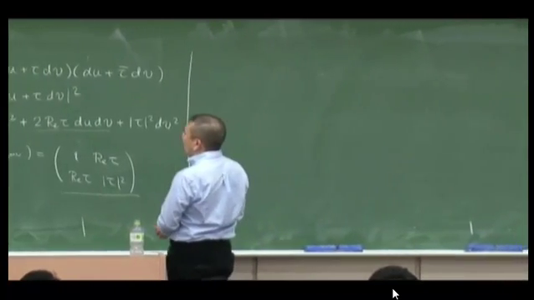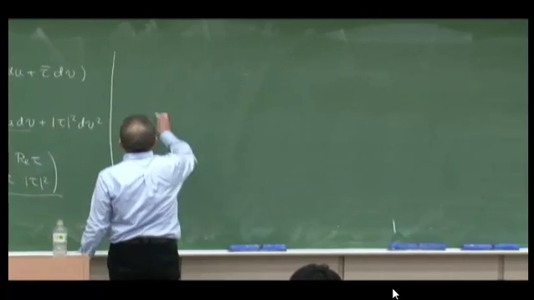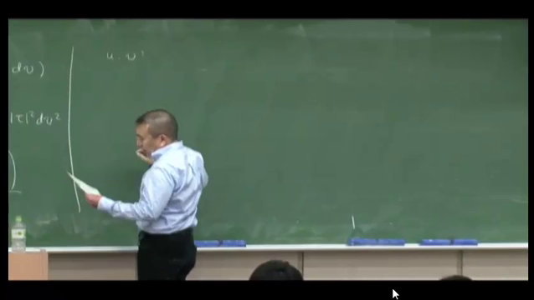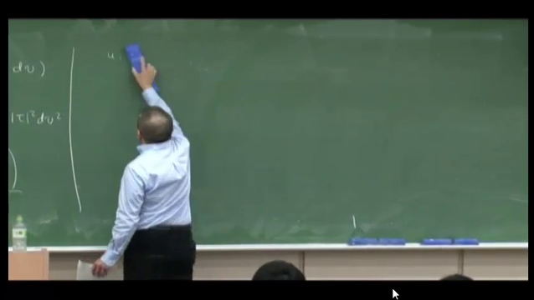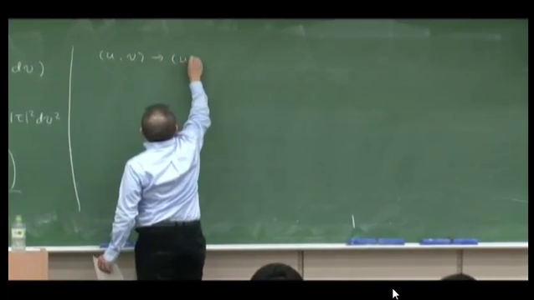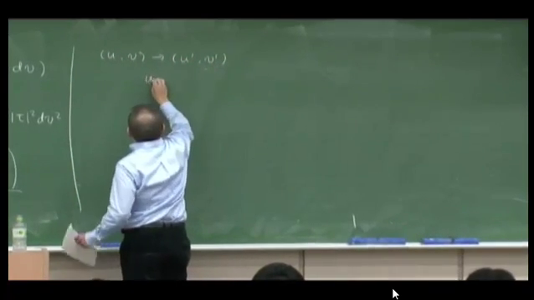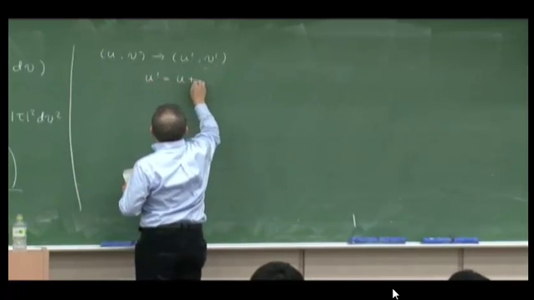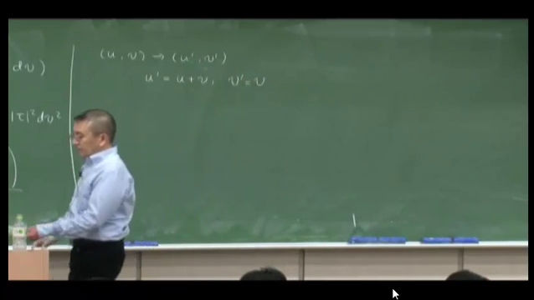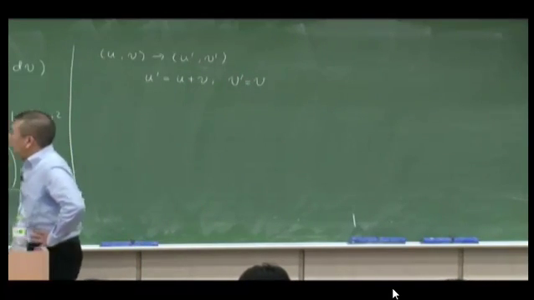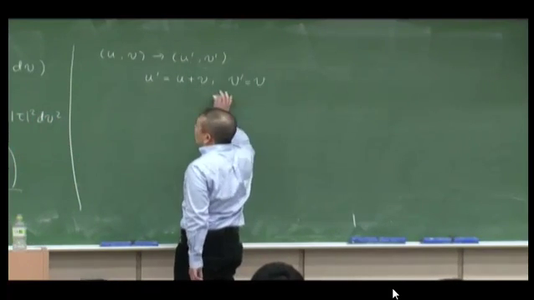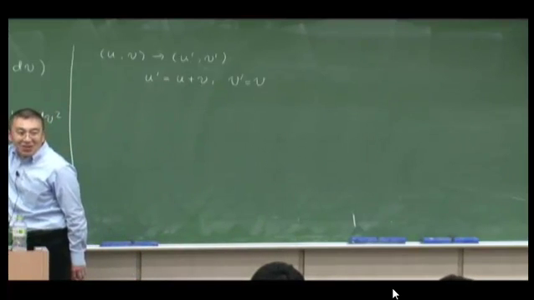So, for example, suppose I do the following. You start with this coordinate u and v. That's what we started with. But now, suppose I introduce a new set of coordinates, from u, v to u prime, v prime, so that u prime is equal to u plus v, and v prime is v. Okay? Now, we have a new set of coordinates, but actually the periodicity does not change.